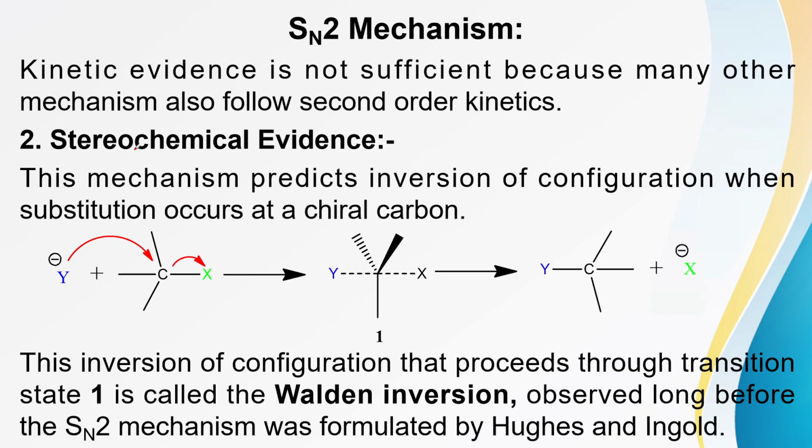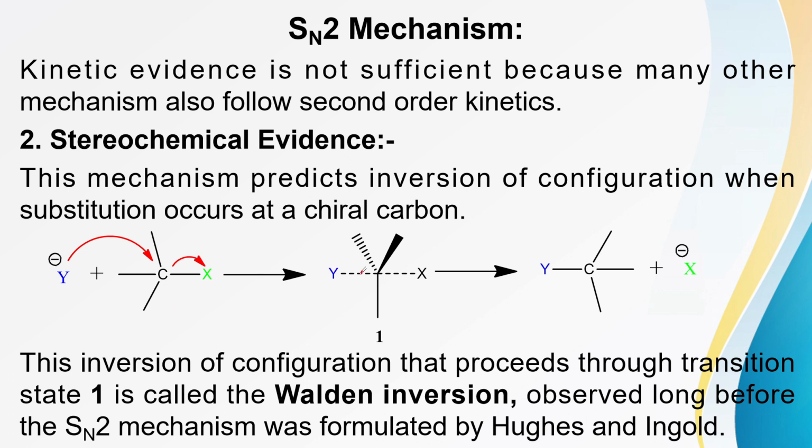The second evidence is stereochemical evidence. Stereochemical evidence means that during the reaction, if we get inversion of configuration, it confirms that an SN2 reaction is occurring. During an SN2 reaction, what happens? The nucleophile attacks from the backside and the leaving group departs.